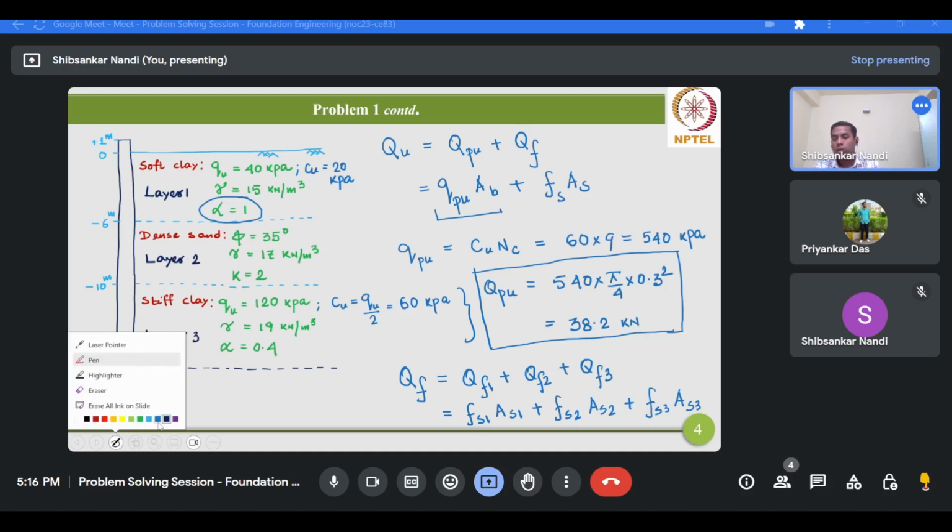So the surface area of the pile in layer 1 will be pi d, that is the perimeter of the pile, multiplied by the length. Now what is the length in layer 1? It will be 6 minus 0, that is 6 meter.